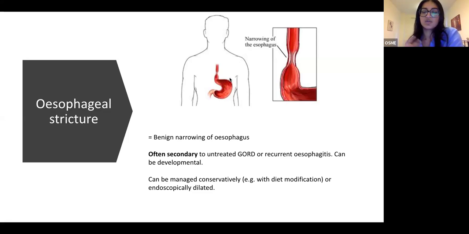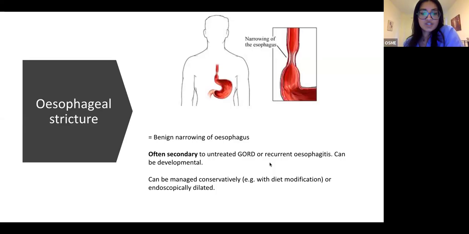It's benign, so not cancerous, but it can occur secondary to reflux disease that has been left untreated. Over time, it leads to erosion and the formation of narrow bits of scar tissue, or strictures. It can also occur secondary to esophagitis, which happens recurrently as well.